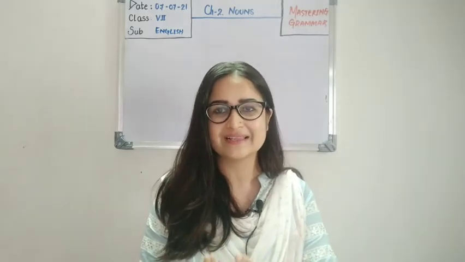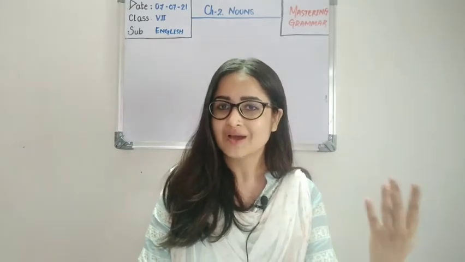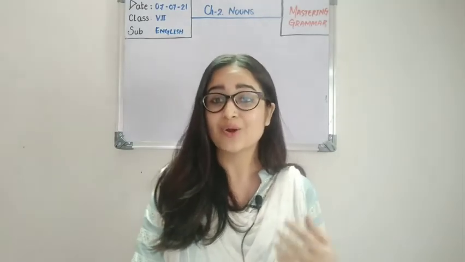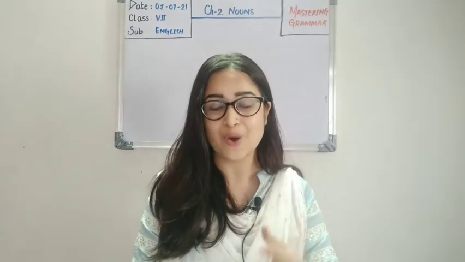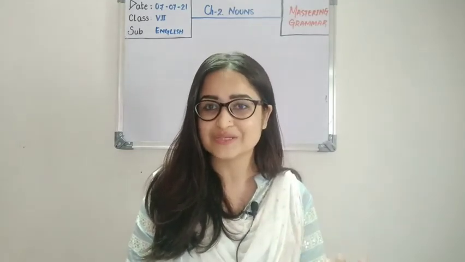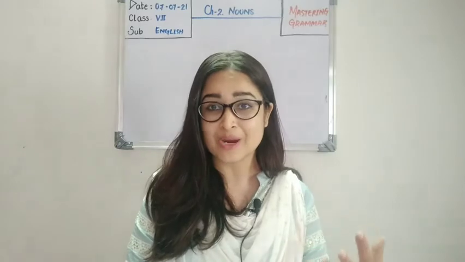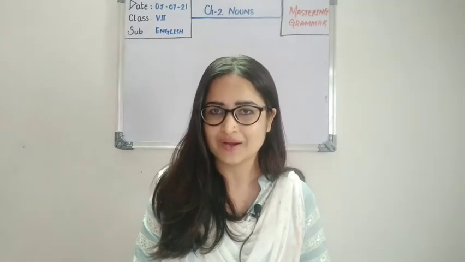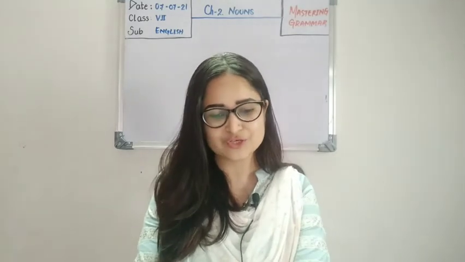Words like little, much, some, all these words are used with uncountable nouns. I also told you how we can identify whether nouns are countable or uncountable: proper nouns, material nouns, abstract nouns were all uncountable nouns. So we had also finished exercise A, B, and I guess yes, we finished C also. That was our last exercise that we did.